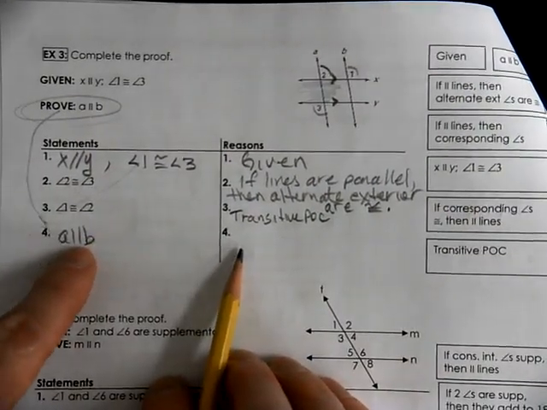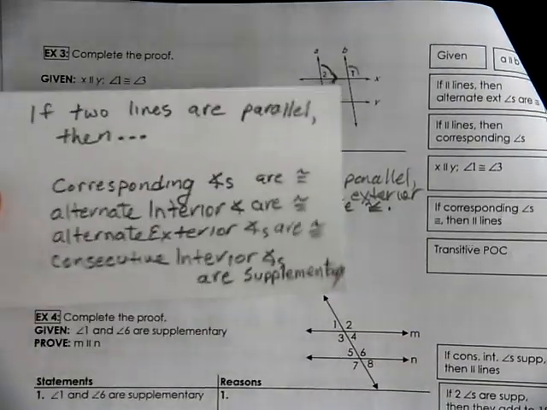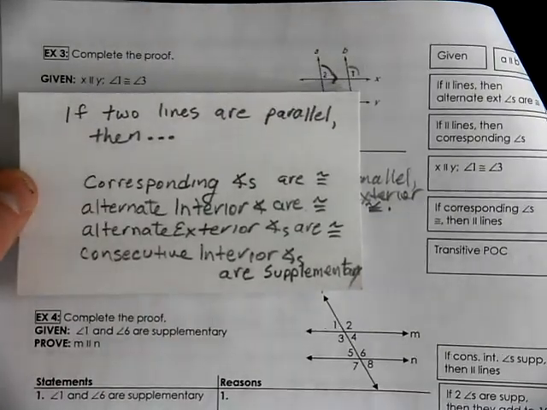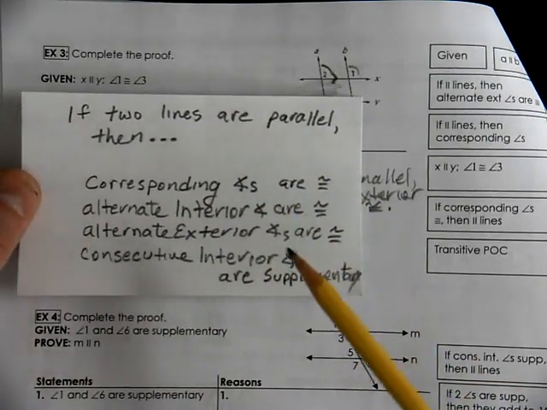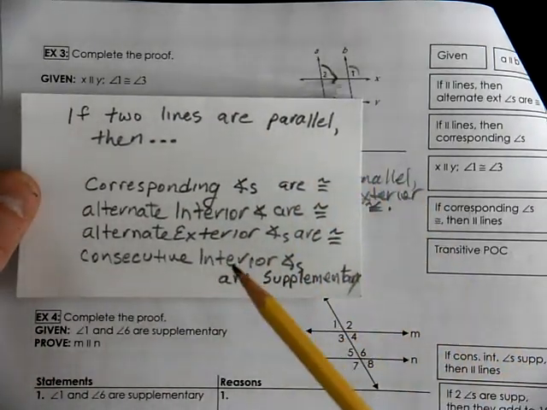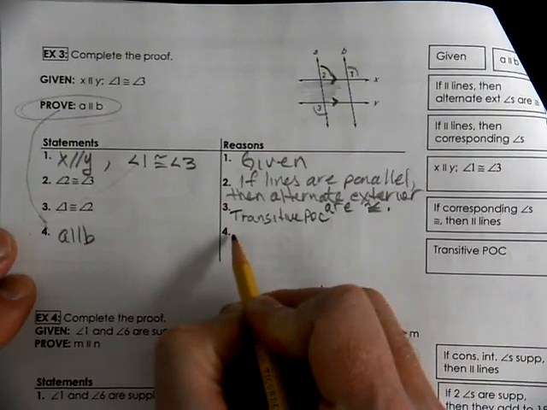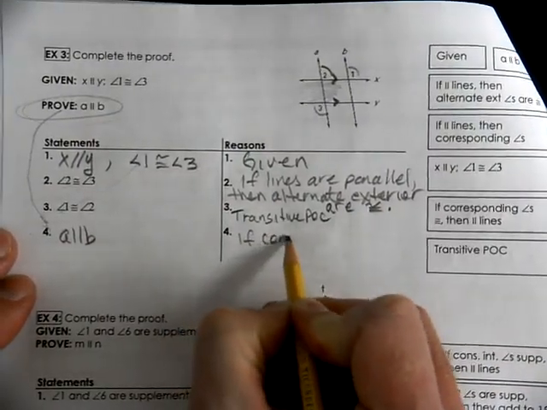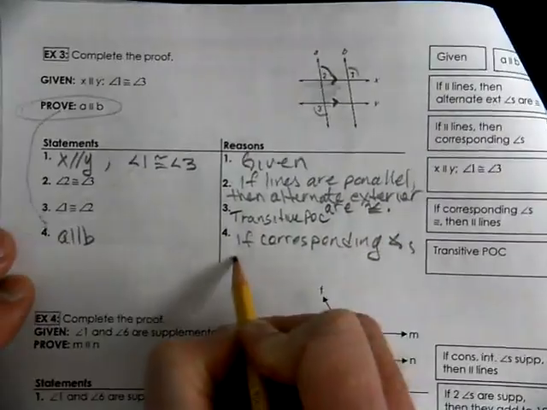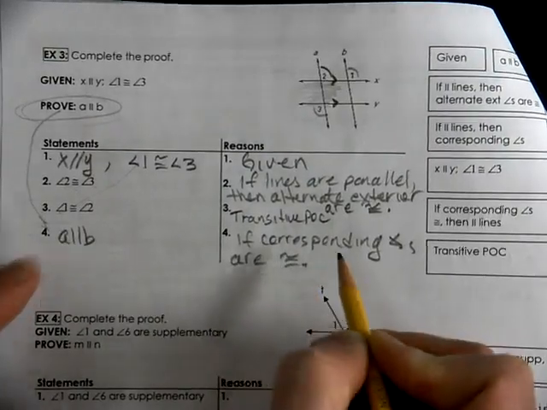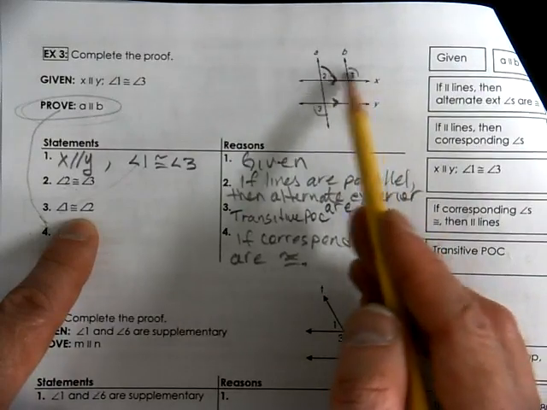Now, what makes the lines parallel? This is what makes parallel, and this is what we have if we've got parallel. This is your answer key right there. If corresponding angles are congruent, take a look. 1 and 2, they're the only ones that link A and B together.